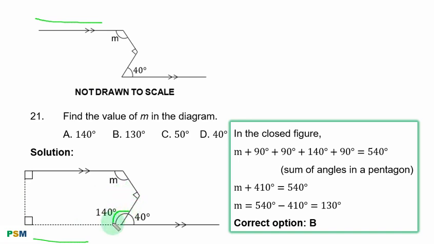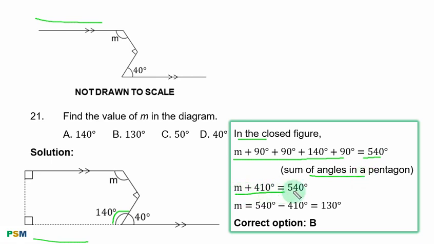For this angle, it is 180 degrees minus 40 degrees, straight line angles, and you have 140 degrees. In the closed figure, if you add all the angles, the sum is equal to 540 degrees. Sum of angles in a pentagon.